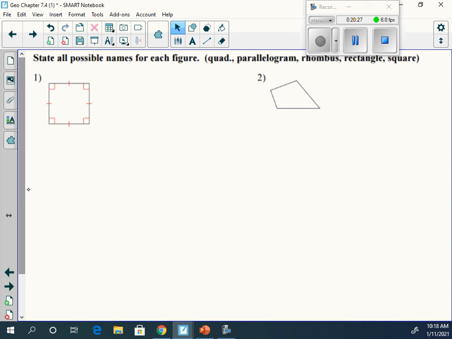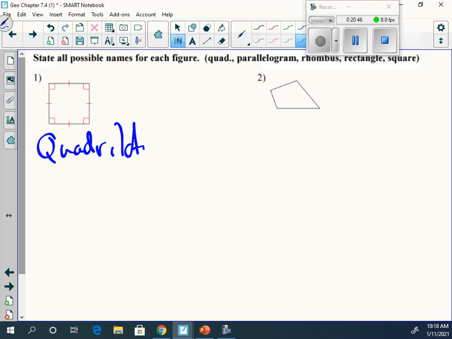Okay. We have these two here. Again, like we've been doing, state all names for each figure. Looking at this first one, 4 congruent sides, 4 congruent angles. So it's a quadrilateral, a parallelogram.